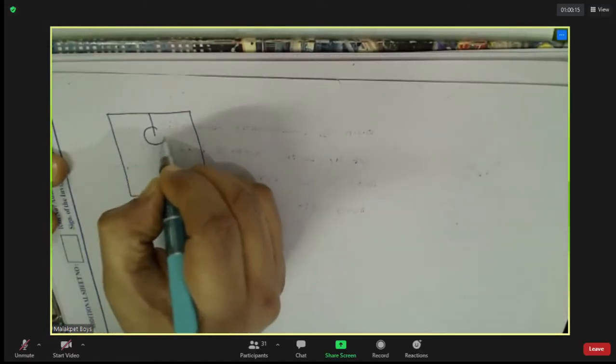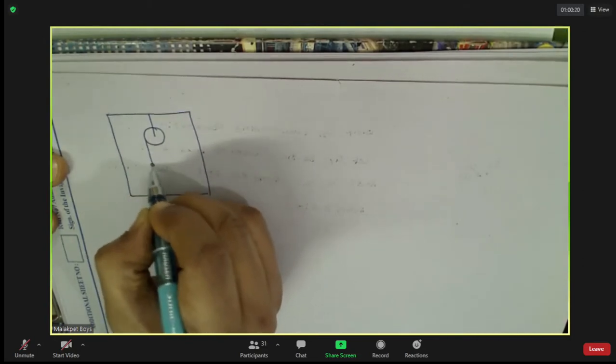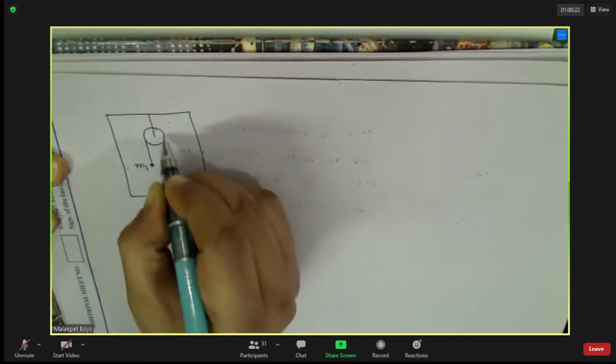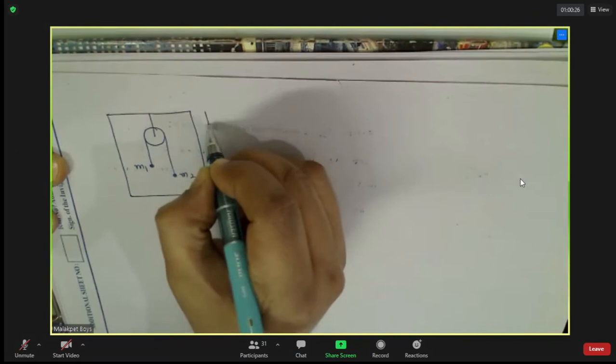Now let us solve another problem, the Atwood machine having two masses suspended to it. This is M1, this is M2. This is A naught.